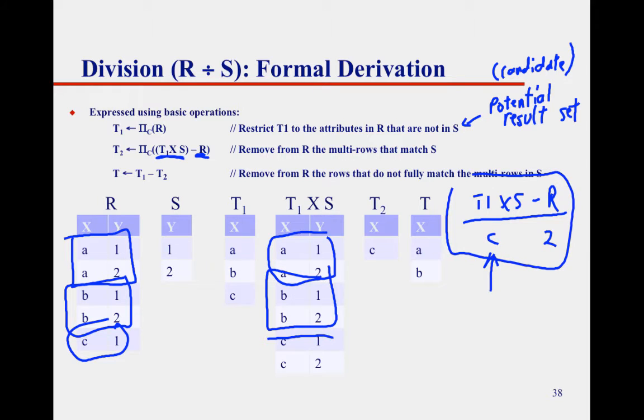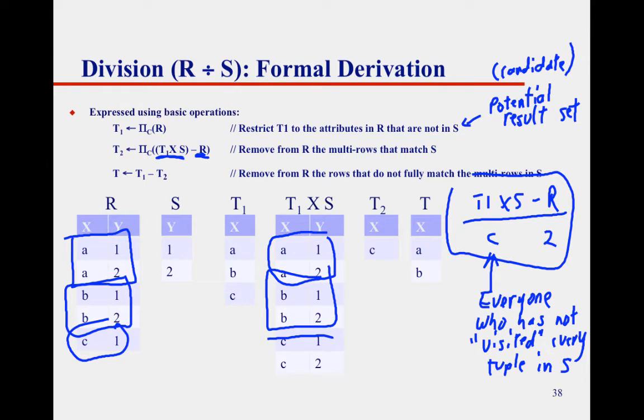So what we have left is basically everyone who has not, I'm going to put in quotes, visited every tuple in S. So in fact, what we're left with is everyone who's kind of lacking.